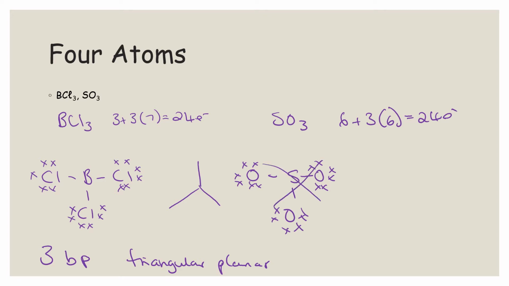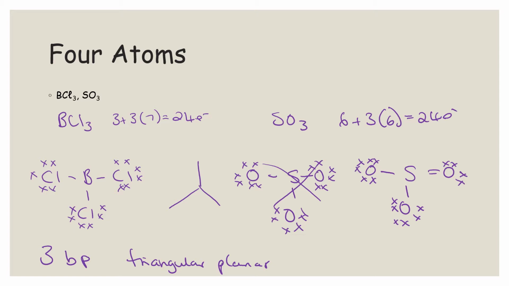Sulfur doesn't have 8, so that's incorrect. Try again, double bond. Complete the octets. And this time you'll find that sulfur has got 2, 4, 6, 8 electrons around it.